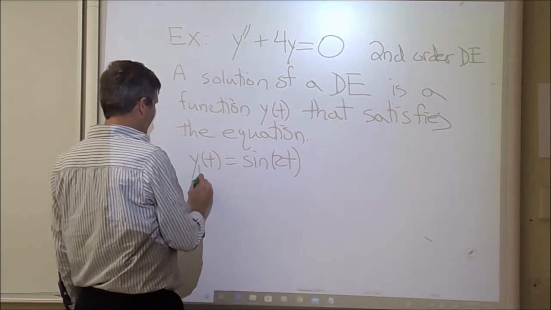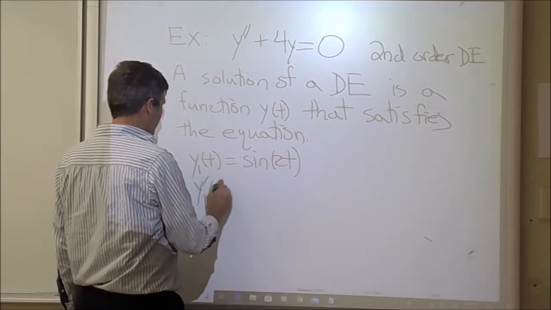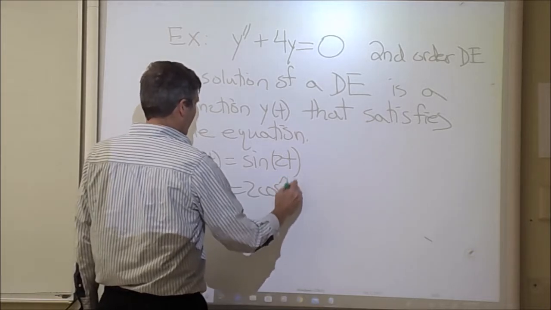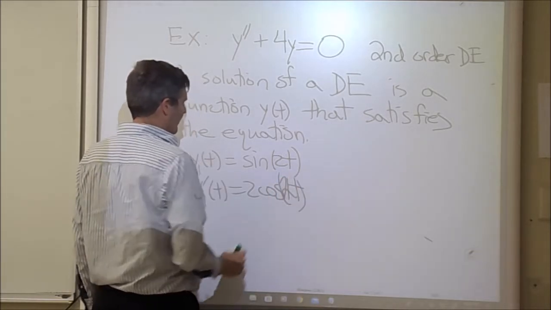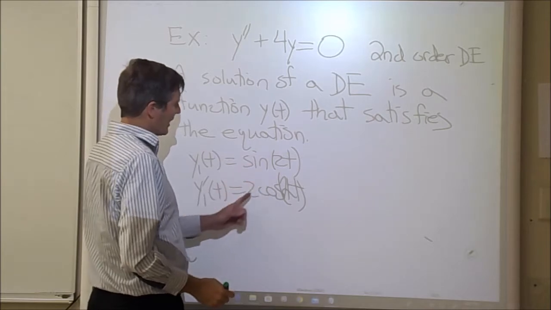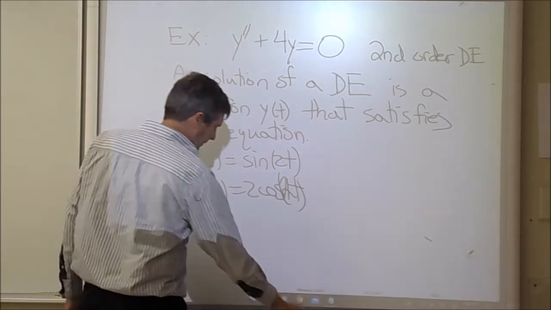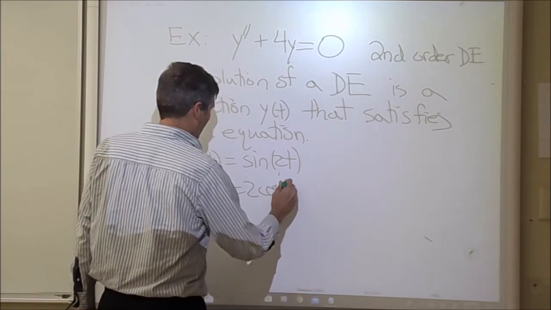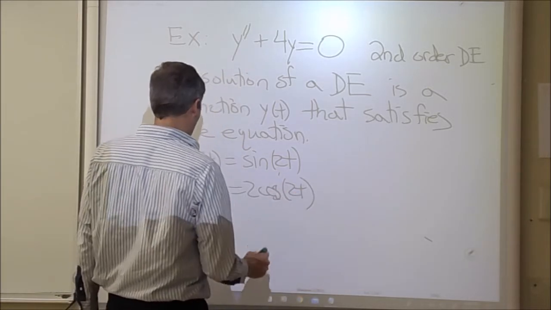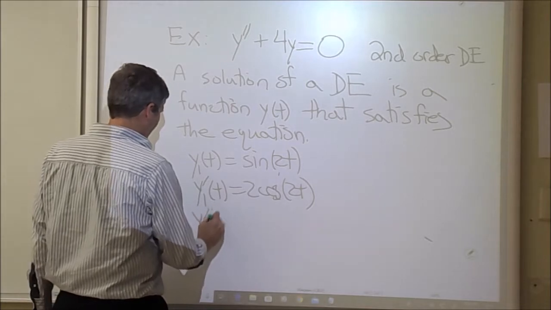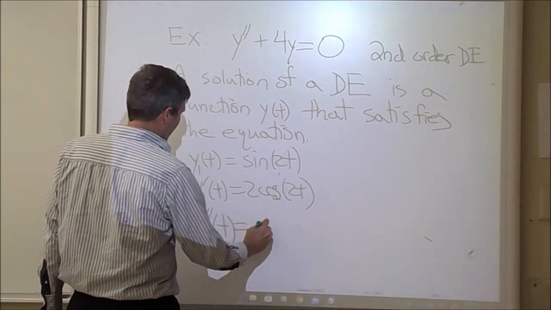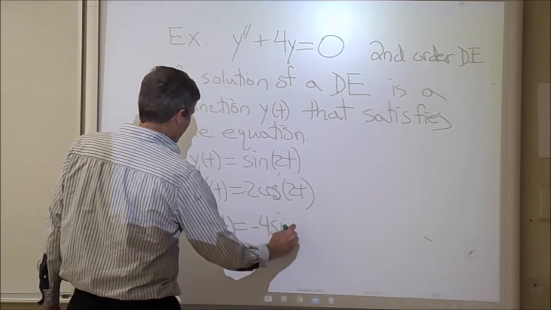Its first derivative is twice the cosine, right? Derivative of sine kt is k cosine kt, you'll recall. And then the second derivative is the derivative of 2 cosine 2t, which is minus 4 sine 2t.